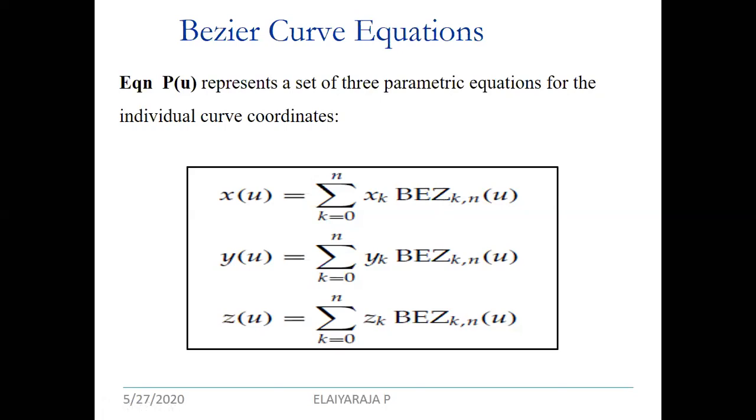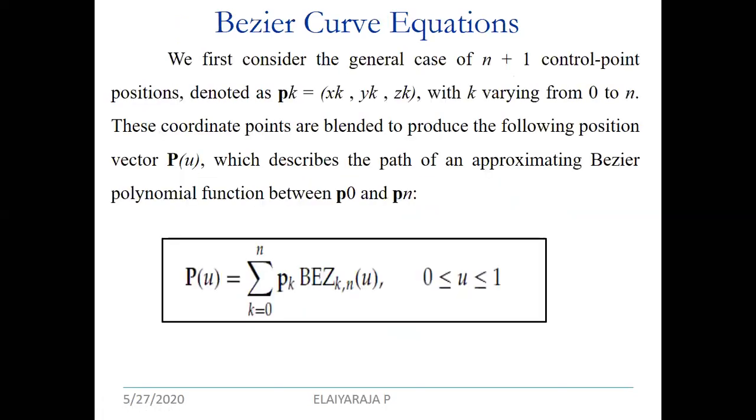Okay, so in general, about your Bezier curve equation, the number of control points, and that number minus 1, gives the degree of the polynomial equation, where the sum runs from 0 to n.